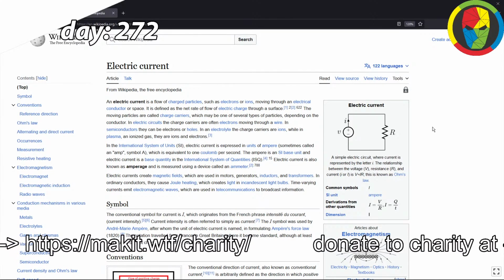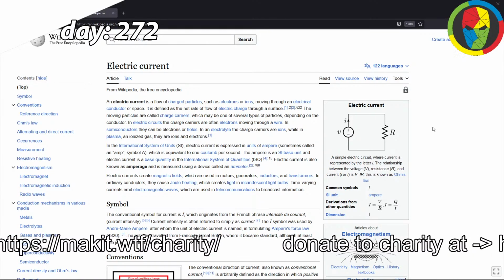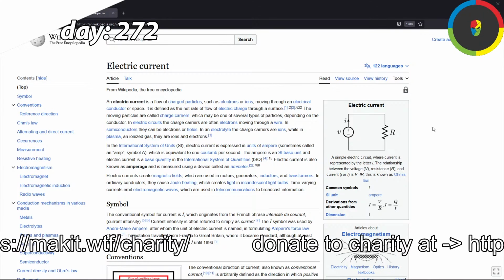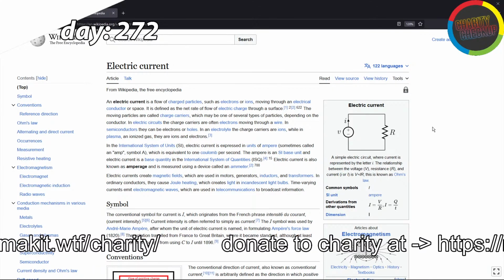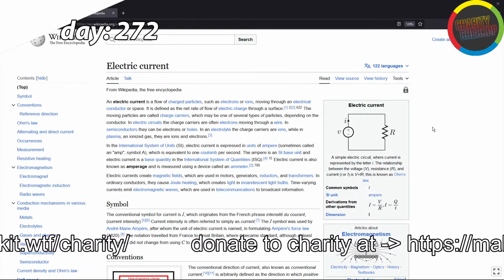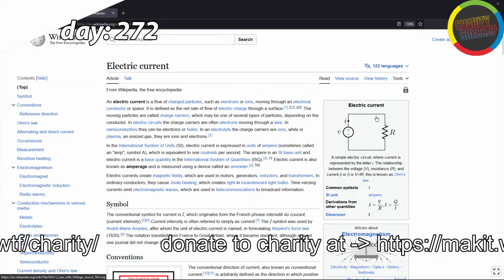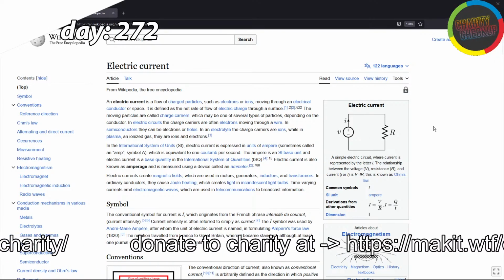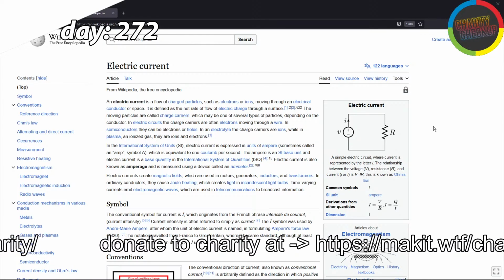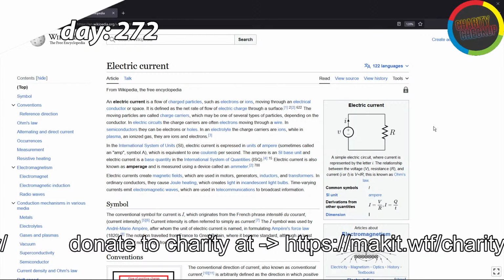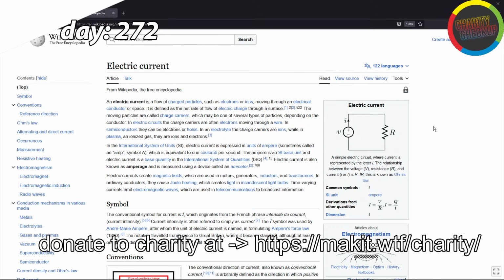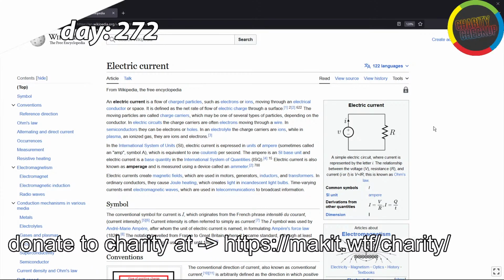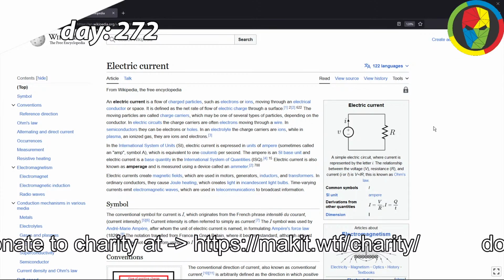Okay, so the voltage would be... No, that wouldn't make much sense. If you think about it as current being the value and voltage would be like the derivative of that value, let's just say. So the voltage determines how much current is being sent. Not times.